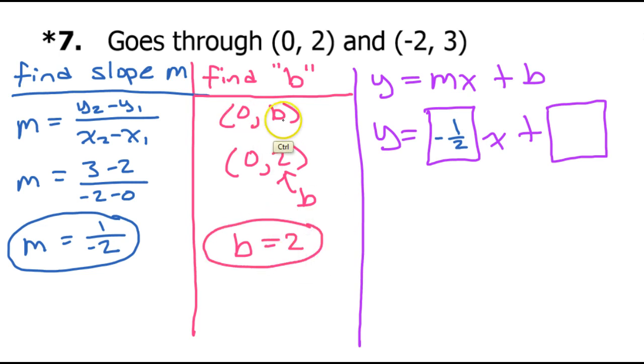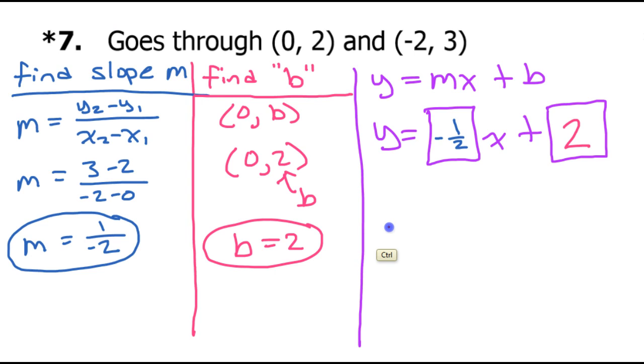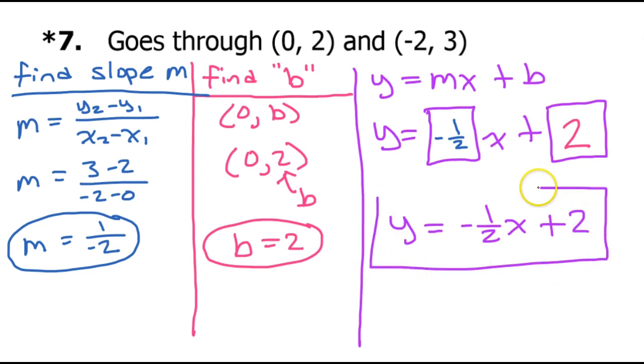So if they give me 0, comma something, that is the b value already. So I know that the b value is 2, so I can go ahead and fill that in. I'm just taking the boxes away, and so the answer is y equals -1/2 x plus 2. That is my equation.